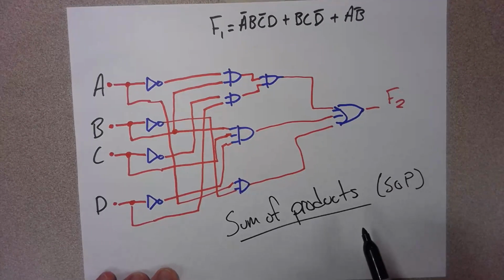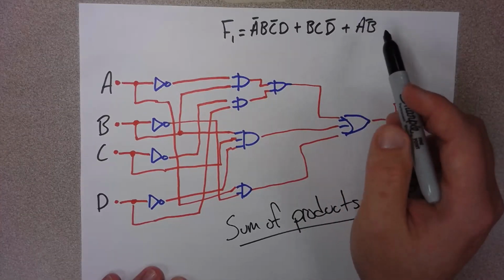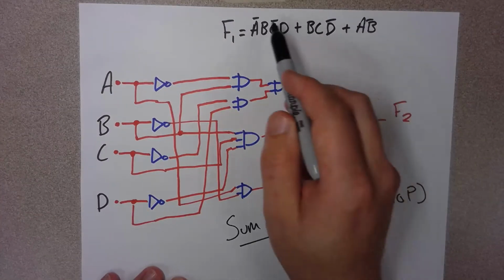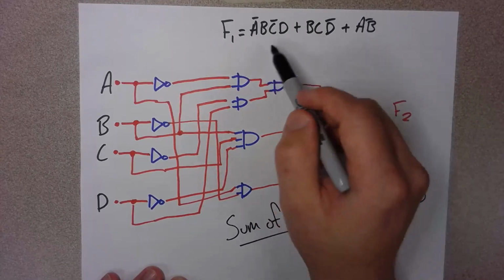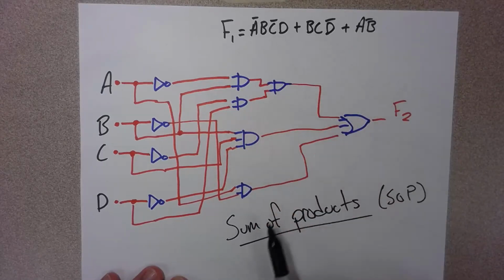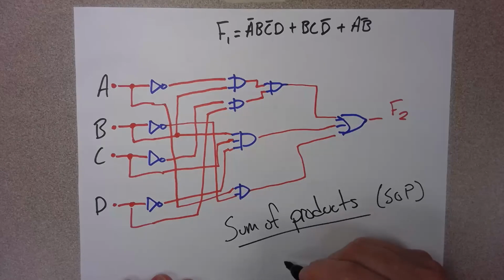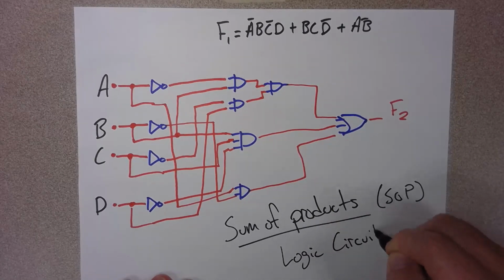The reason we call it sum of products is because we are adding together, so we are ORing some AND gates. We use an OR as our final gate, and we put it together with ANDs, so we have products, which is multiplication, and we are summing them. So that's the sum of products for your logic circuit implementation.